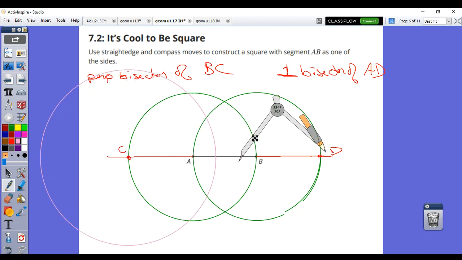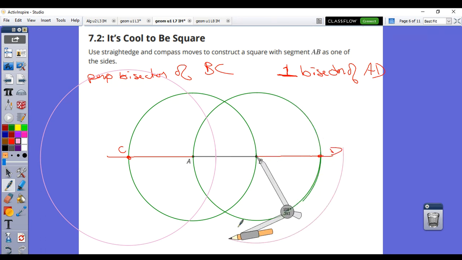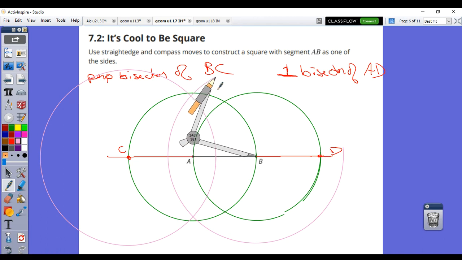And I'm going to make the circle from B. And if I draw that line in there that connects those intersecting points here and here, where that line hits my first circle, that's my point.